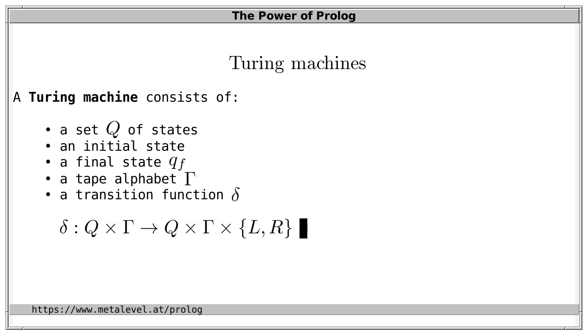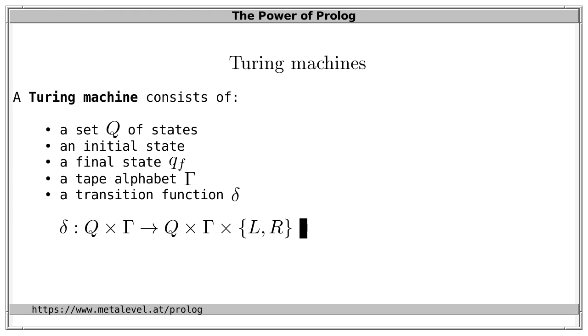And the transition function is a mapping from a state and symbol under the tape head to the next state, a symbol that is written at the current position, and L or R indicating how to move the tape head.